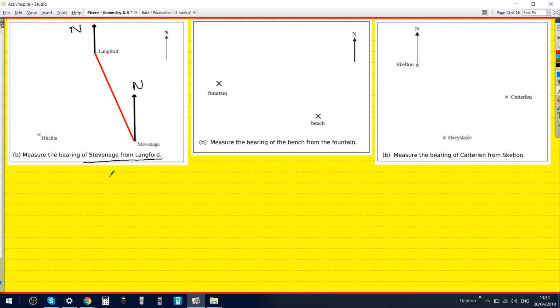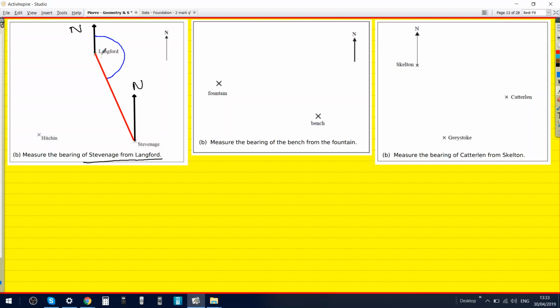All right. So it's from Langford. And so which angle is that? So it's 360. Like top one, bottom one? So the top one. From Langford to Stevenage, yes. And so it's that angle there.